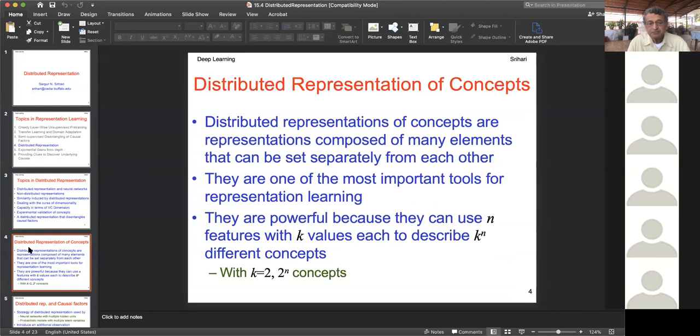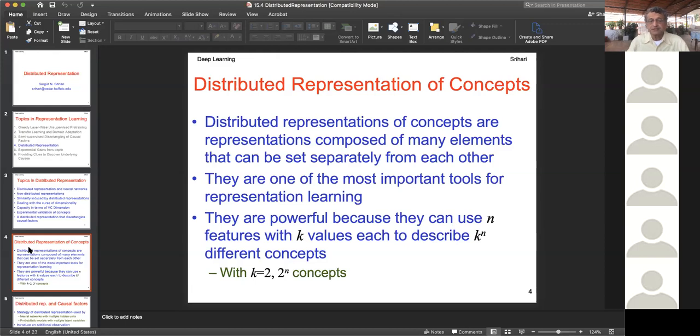All right, as I mentioned before, distributed representations of concepts are representations composed of many elements that can be set separately from each other. So many elements together define the concept. And they are a powerful tool for representation learning.